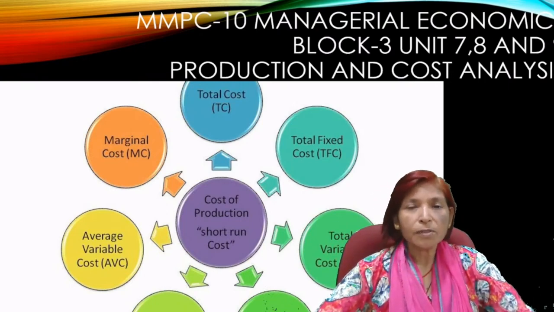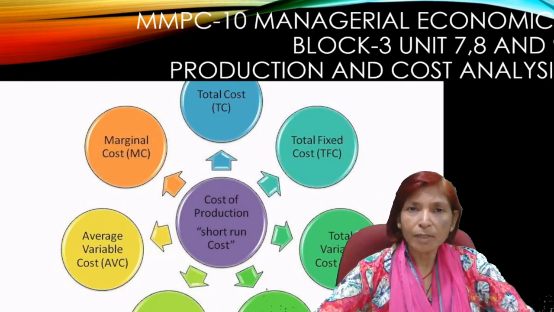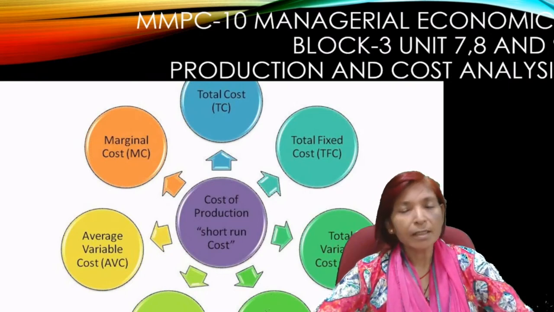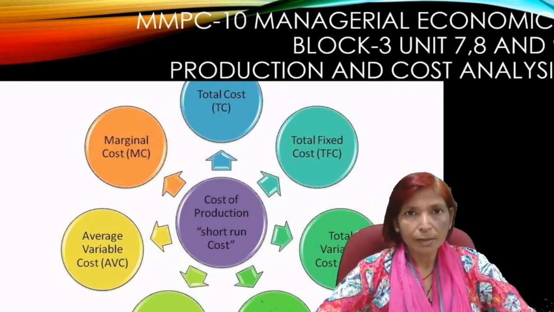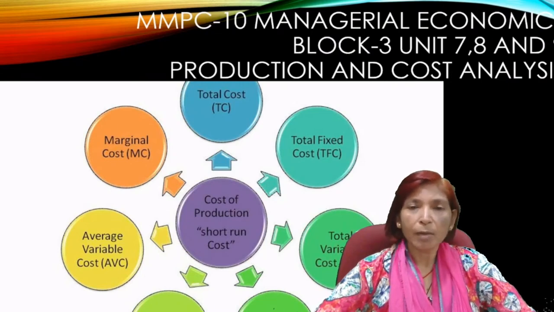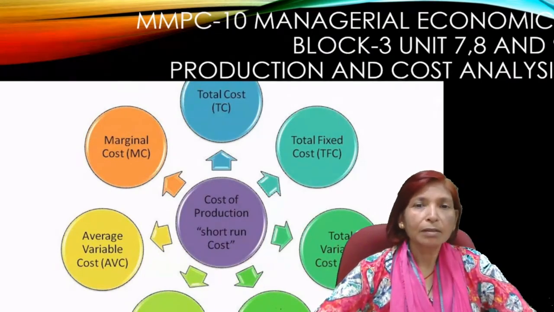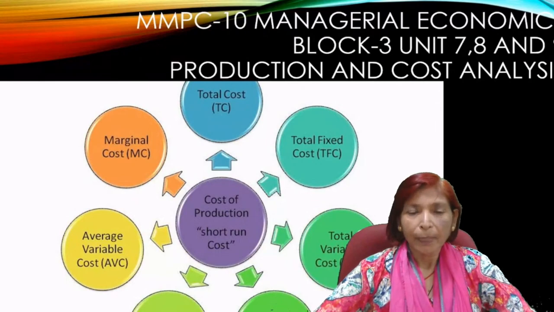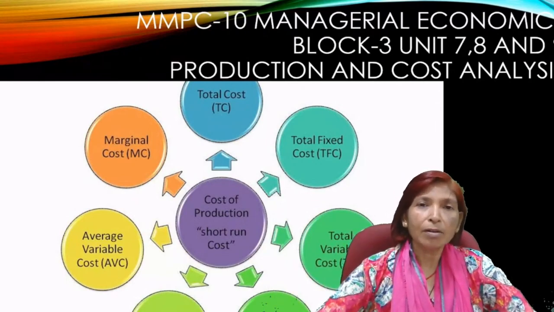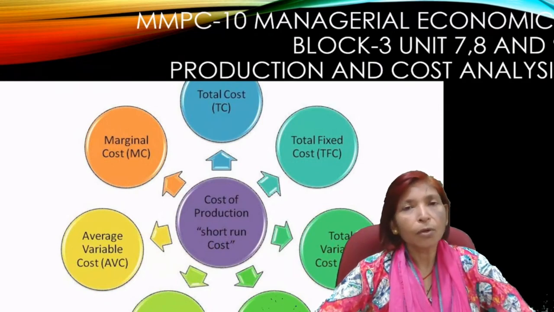So if we use fixed factors in production of the goods and services, the cost which is related with fixed factor is called fixed cost. And the cost incurred while using variable factors, that is called variable cost. And the summation of fixed cost and variable cost is known as total cost.